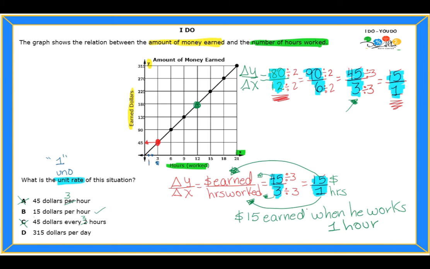So if you look over here and you go up, that number is less than $45. And that will be my unit rate because it has a 1 right there. This is my unit. So that's how I can eliminate letter D, because that would not be true. And this one is actually talking about per day, and we're talking about hours. So be careful with that.